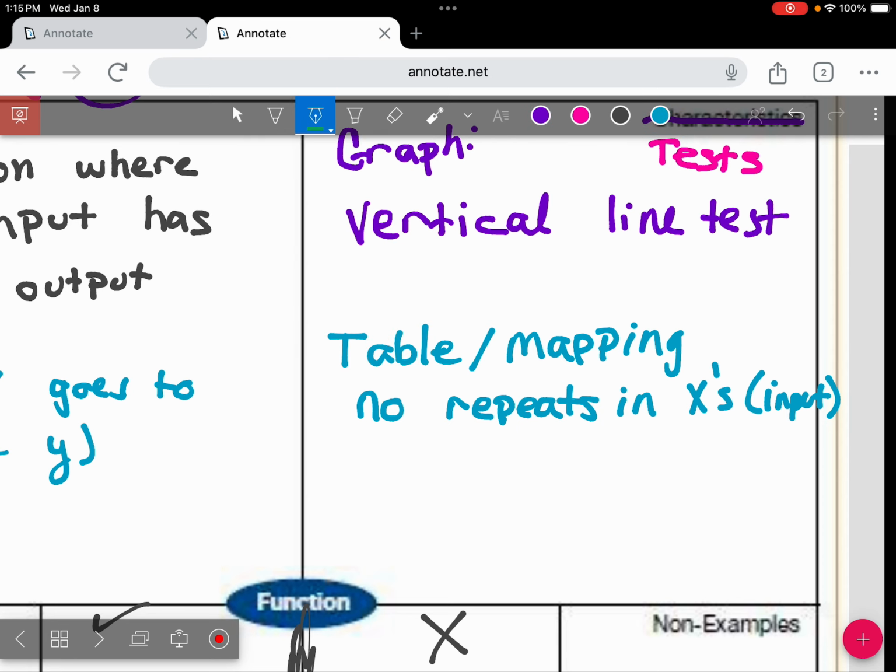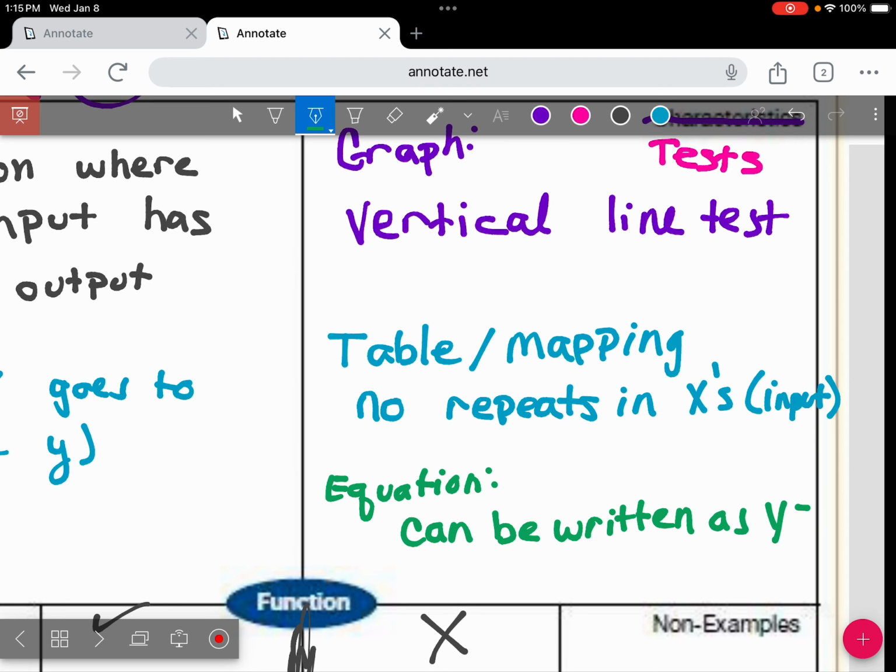And then if we're looking at an equation, it can be written as a y equals.